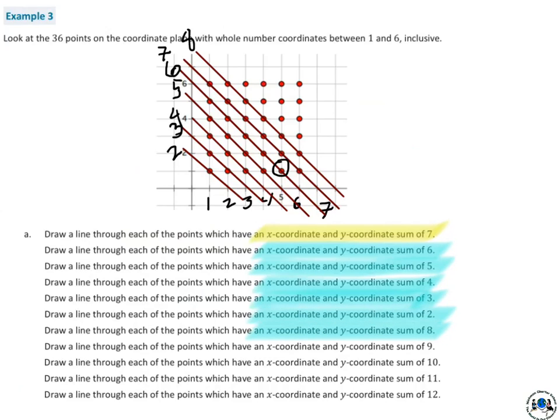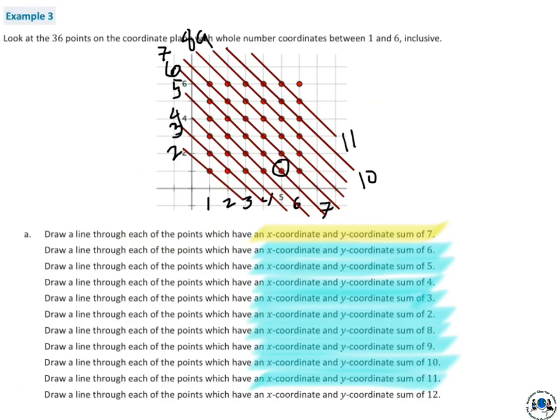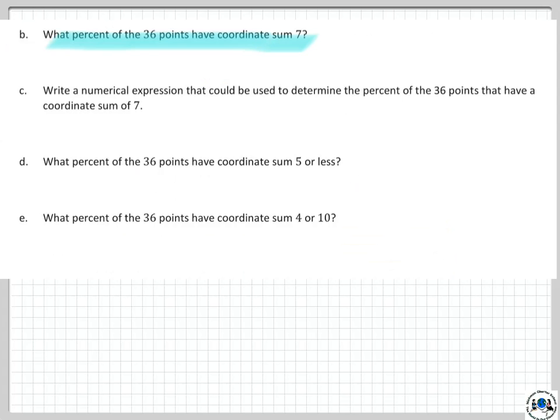Sum of 8, sum of 9, sum of 10, sum of 11, and then sum of 12. Okay. So your graph would have looked something like this, with a bunch of lines. Mine are not necessarily perfectly straight, and yours might not be either. Hopefully you used a ruler, so we can practice using that ruler for some nice lines.